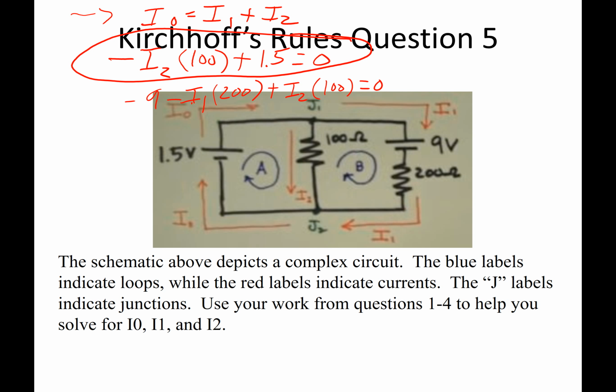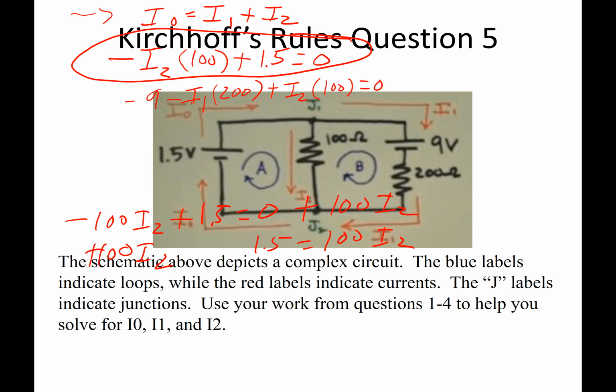I'm going to write it this way: negative 100 I2 plus 1.5 equals 0. So I'm just going to add 100 I2 to both sides. That gives me 1.5 equals 100 times I2.